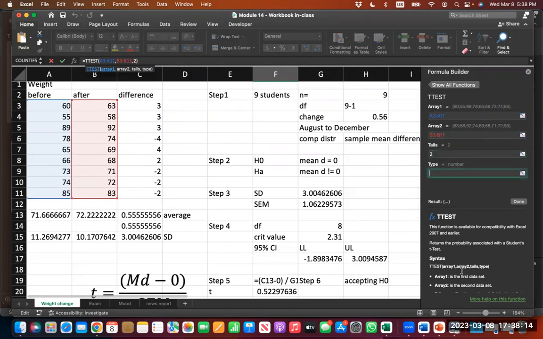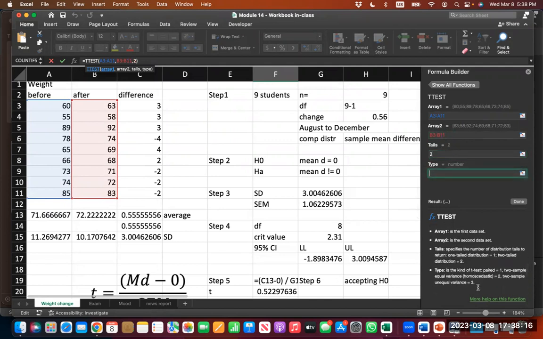And then it asks you lastly for the type. You can see it if you open the formula builder. If you have a paired sample t-test, it's 1. If it's a two-sample equal variance, homoscedastic, it's 2. And the two-sample unequal variance is a 3.